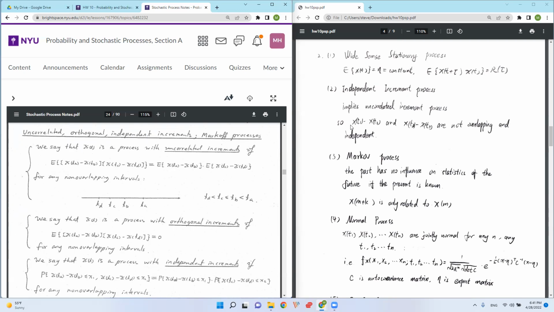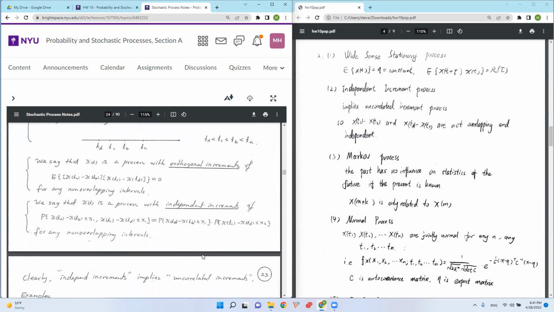Basically it says that x(t1) minus x(t2) and x(t3) minus x(t4) are over non-overlapping intervals and independent. An example of it would be the Poisson process, which is an independent increment process.